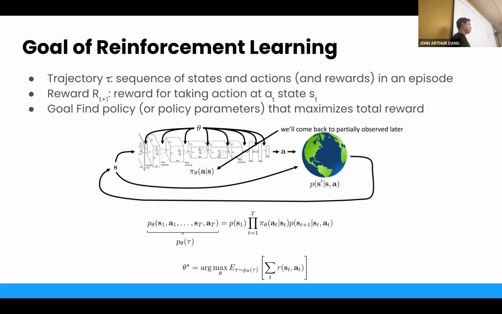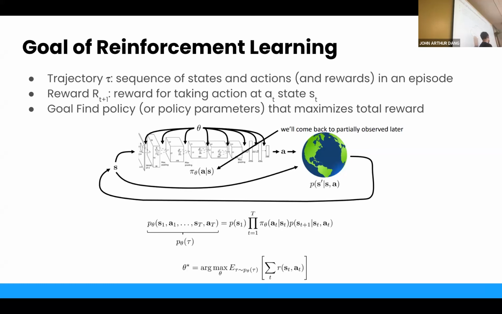So the tau is the policy applied with some sort of weights theta? Not quite. Let me explain this again. This is tau. What this tilde means here is sample from a distribution.